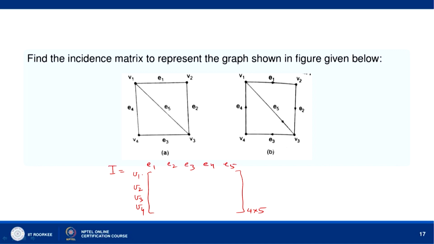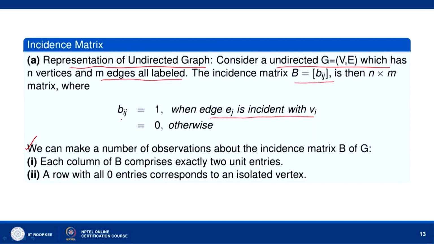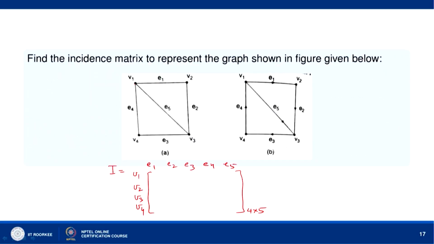Let us see how we defined it. Because we are dealing with undirected graphs, Bij equal to 1 when edge Ej is incident with vertex Vi. So, E1 is incident with the vertex V1, so we will have B11 equal to 1. Then E2 is not incident on V1, so we have 0.